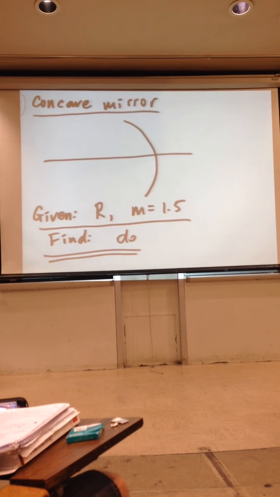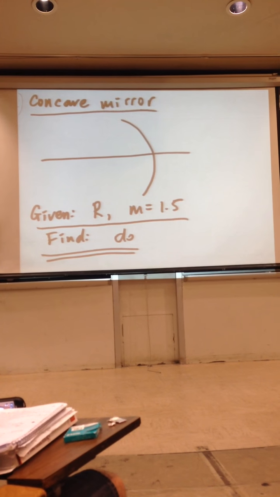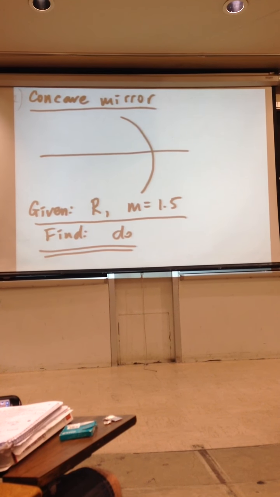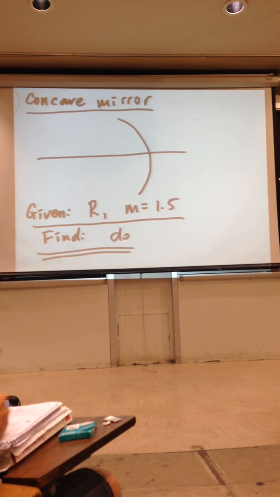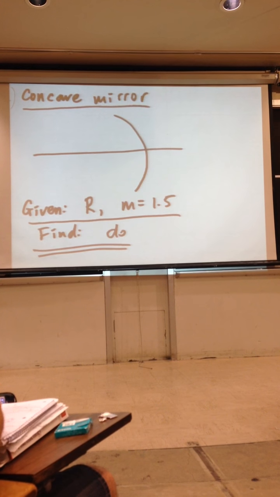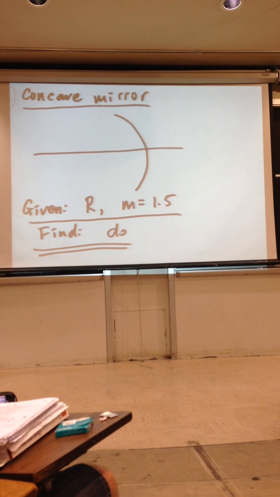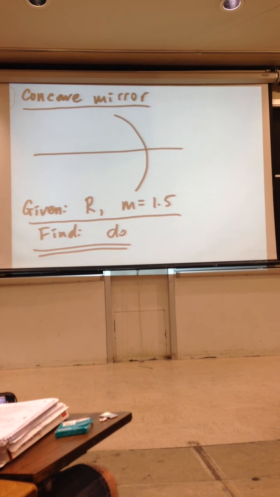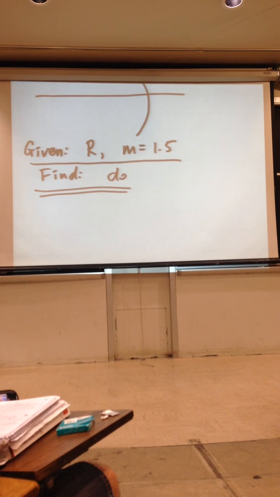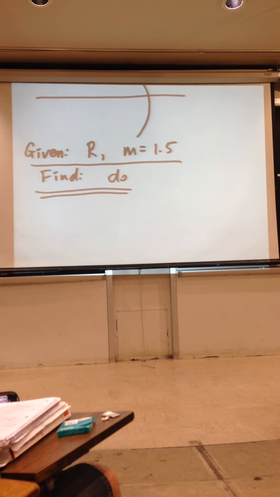Okay, consider a concave mirror. This is reflection. The radius of curvature is given, and the magnification is given for this concave mirror. You should find where the object is, the object distance, dO. So the radius is given, you immediately find the focal length.